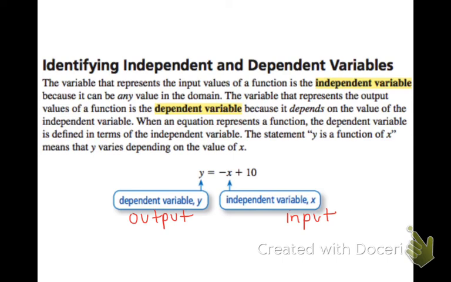It could be minutes, it could be any measure of time. It could be if you are counting objects, things like that, depending on the number of objects. Lots of different things, but you always have to look at it in the context of the problem and try to determine which one is independent and which one is dependent.